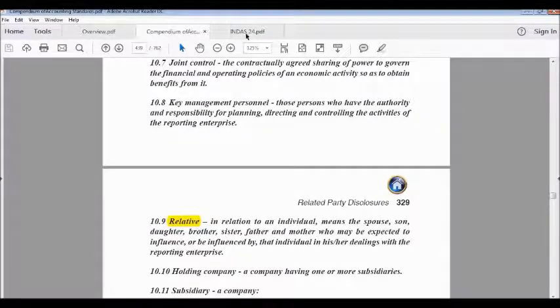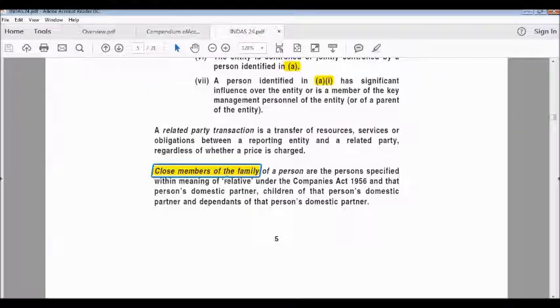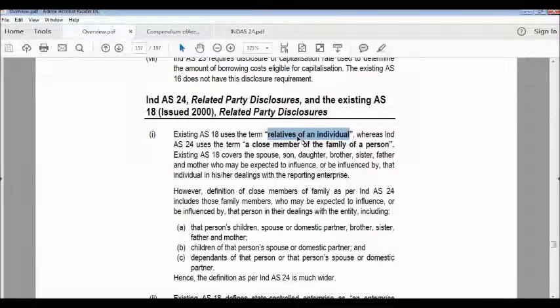But the Companies Act 2013 is very wide regarding the relative, so the term has been changed. Earlier it was the relative of an individual, now the term is close member of the family of a person, and the scope is very wide for close member of a family of a person, while earlier the scope of relative was very narrow. So this is the first difference between Ind AS 24 and the existing Accounting Standard 18.